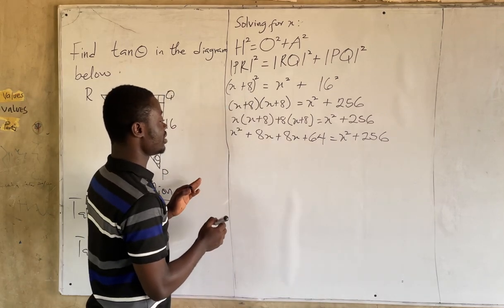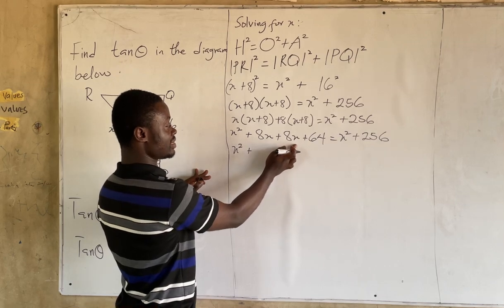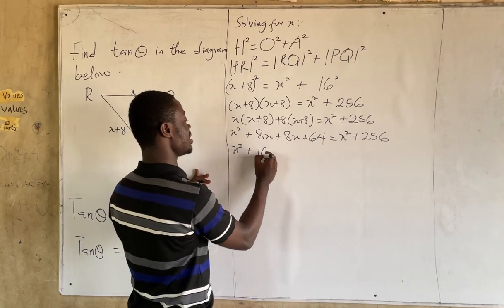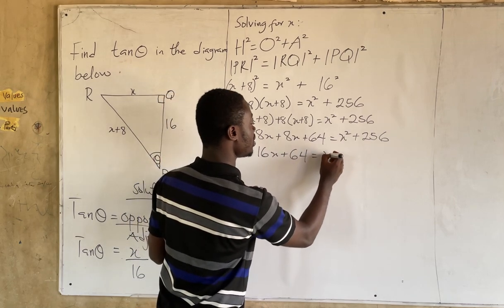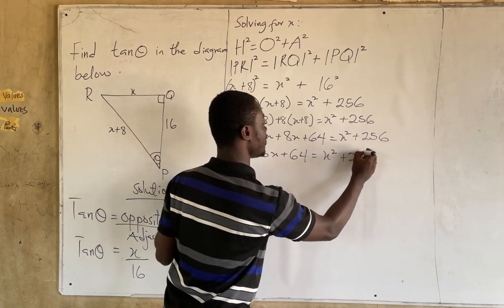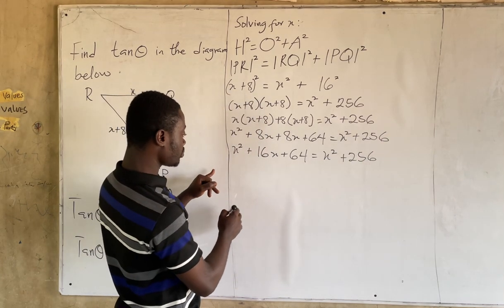So we get x squared plus 16x plus 64 equal to x squared plus 256.